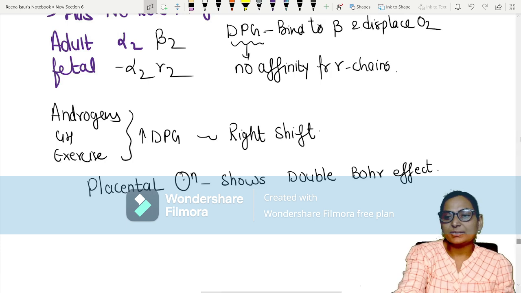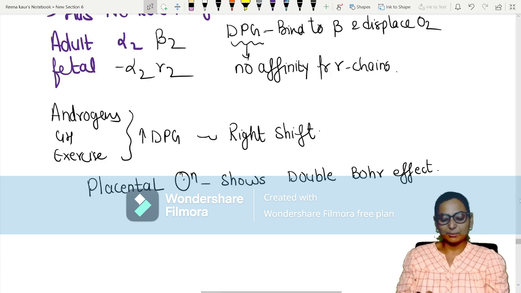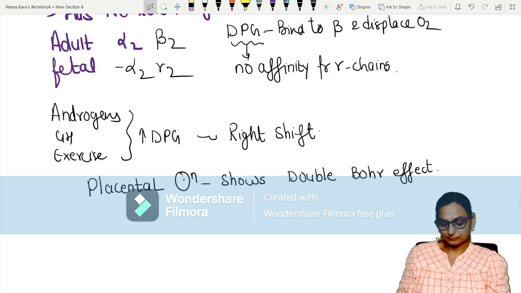Now come to your CO2 transport. Once you've done this, let me know. Right? Is the O2 transport done? Yes. Akansha, very good for that lovely flower.